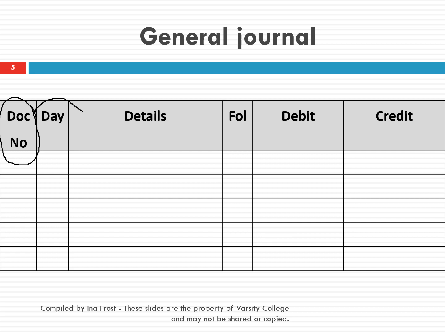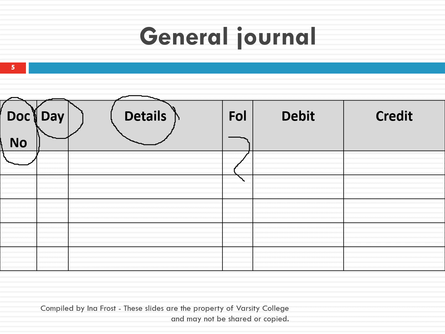We will record the day of this transaction as well as the details, and in this journal, the details here would be general ledger account names. So when we talk about details in the general journal, we're looking for general ledger account names.